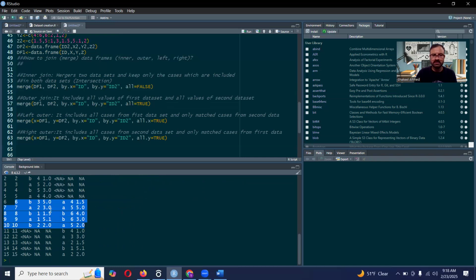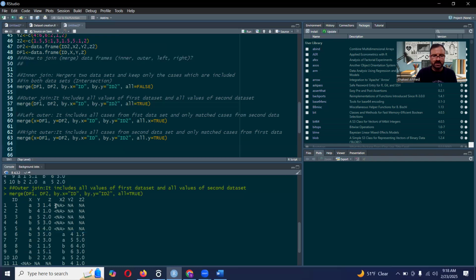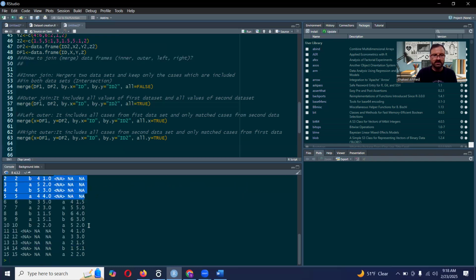This is just the concept of union. So these cases are available in data 1, not in data 2, and these cases are available in data 2, but not in data 1. But it is including all the cases available in data 1 and data 2.